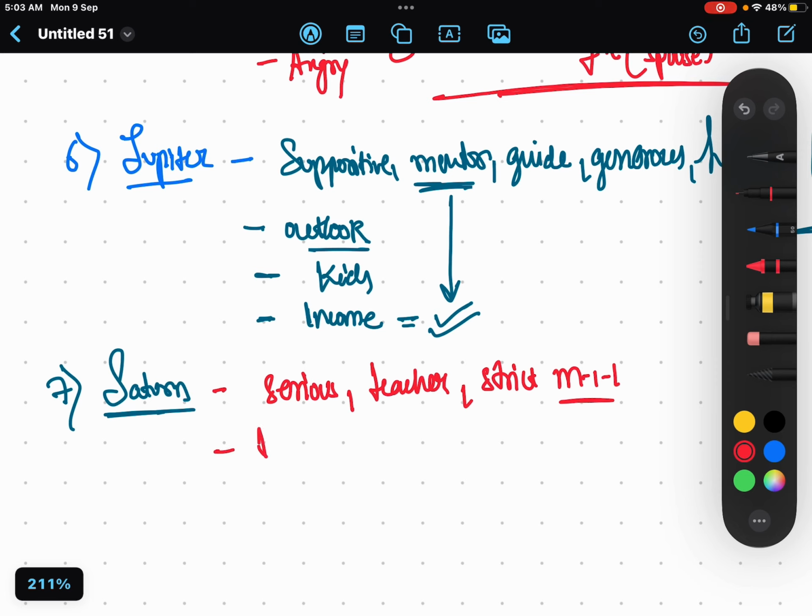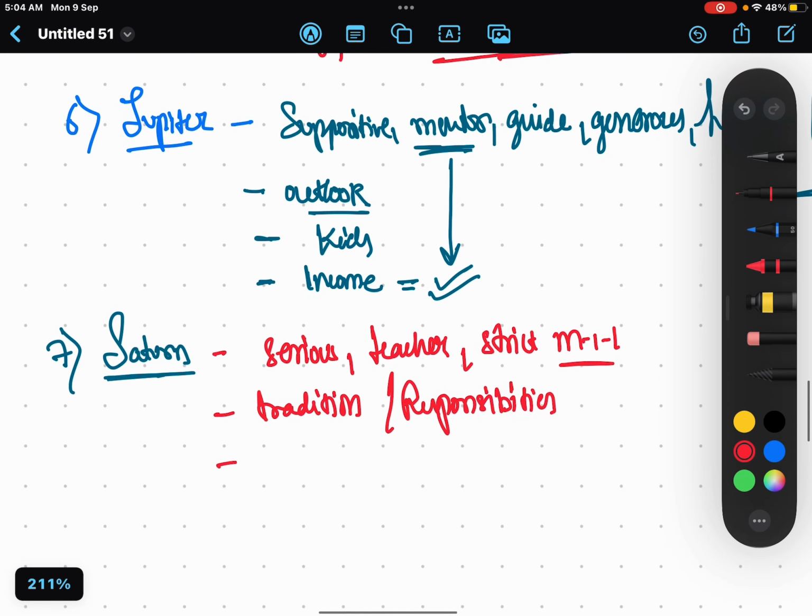She will value tradition, spiritualism, religion, and responsibility toward home and family too. But she will be very formal, not too loving, not too caring. She will be like, okay, you come here, I give you respect, you eat, you go, nothing more, very formal.